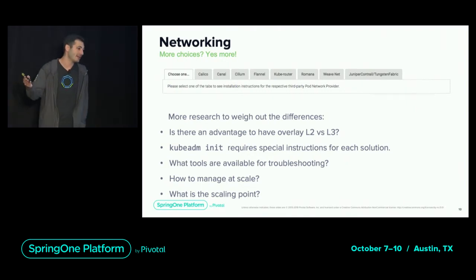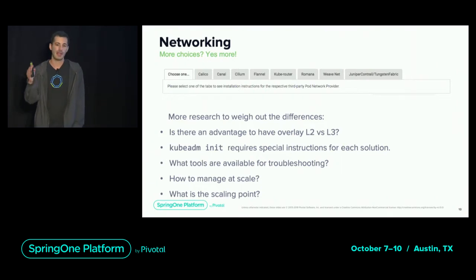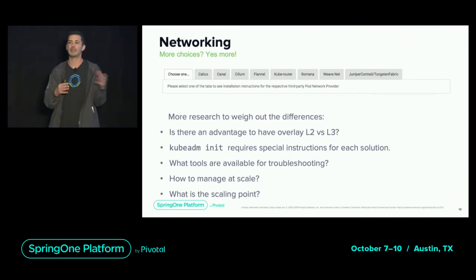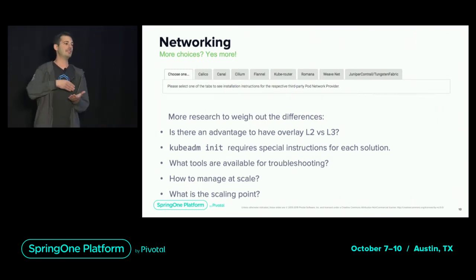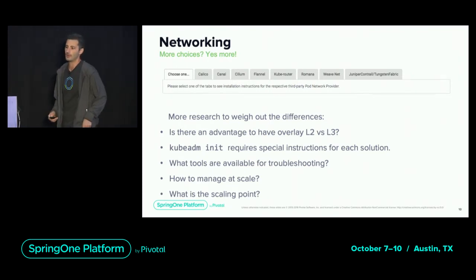You don't really know how big it's going to grow on day 1, day 2, day 60, whatever it is. And there's not a whole lot of documentation that says, oh, Canal will scale to 10 million containers. That's a completely arbitrary number. I'm making this up, right? But there's really not a whole lot out there that says what each one of these is capable of. So again, just more things to start figuring out: what is this going to look like?